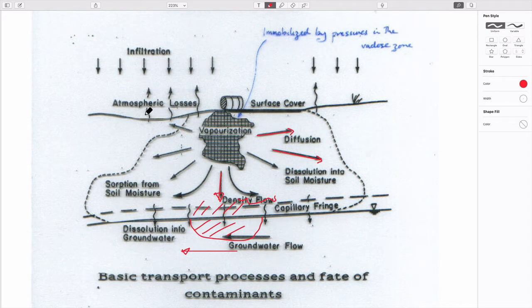Plus, it can vaporize into the atmosphere and be blown away by the wind. And perhaps most importantly, as we'll see, the impact of infiltration is that in going through this, it can pick up a loading not unlike the loadings you'd expect to get by dissolution in the groundwater zone, and it can carry this as infiltration plus dissolved components into the groundwater zone and then have it transported away from that.